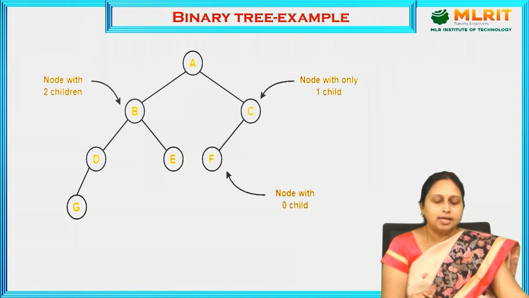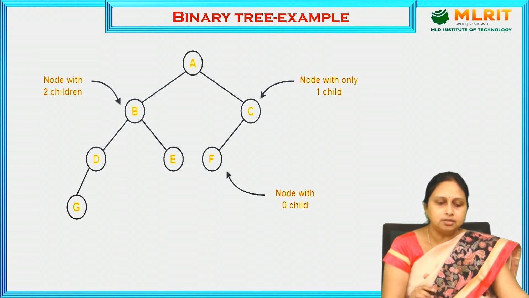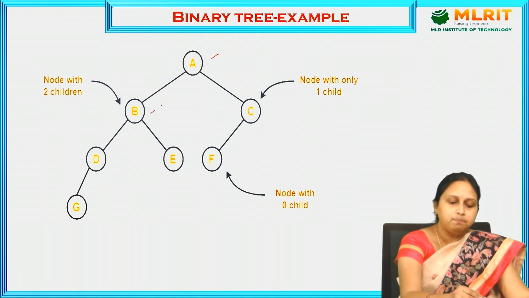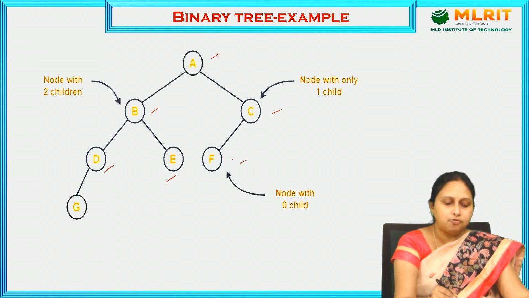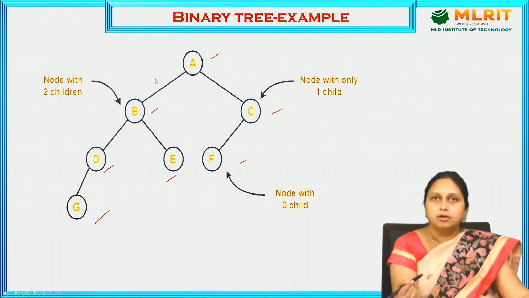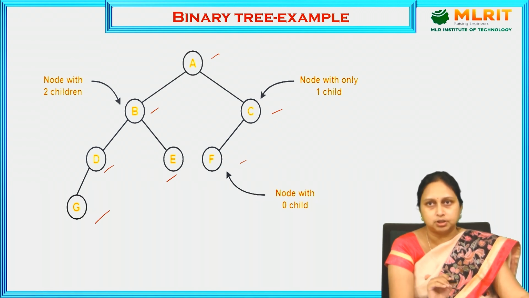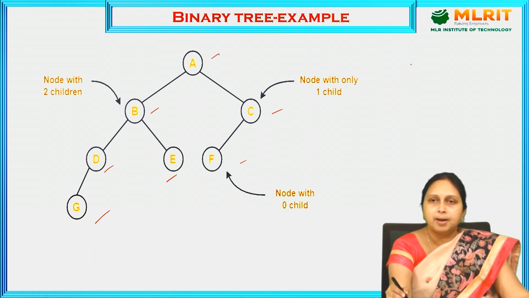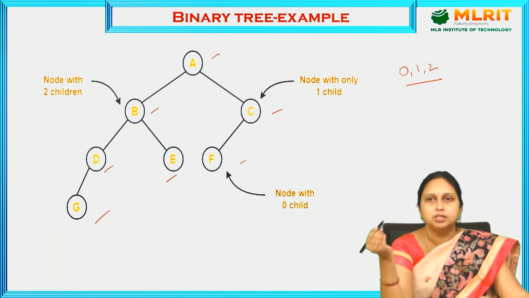Let us take an example of a binary tree. Here you have a tree representation with the nodes A, B, C, D, E, F and G. We are going to check whether this tree satisfies the binary tree properties. As we know, a binary tree has at most 2 children, that means 0, 1, or 2. These have to be present.